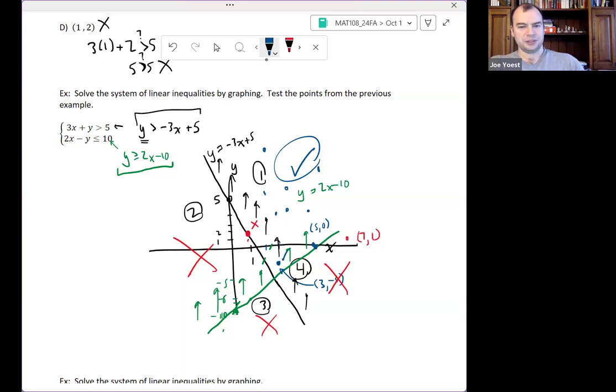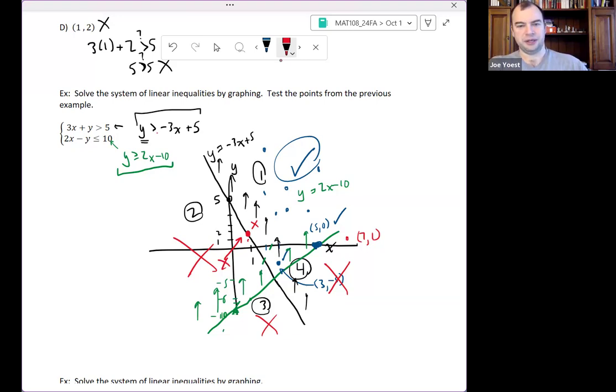Now, I did notice that I had some edge cases, right? I had 5 comma 0 down here that was right on this green line, which I didn't draw very well, but it should be the x-intercept of that green line, 5 comma 0. And it was a solution. But this point here, what was it, 1 comma 2, is right on the black line, but it was not a solution. So what's happening there?